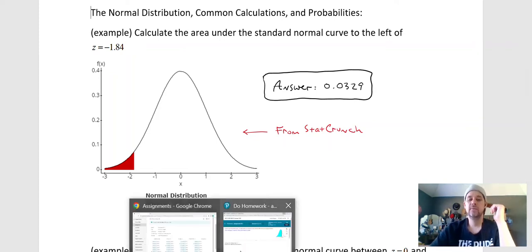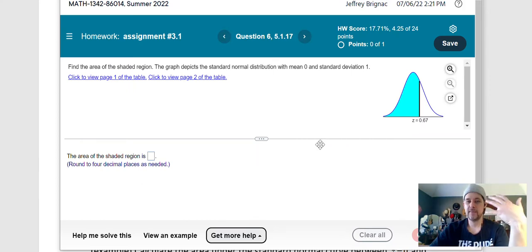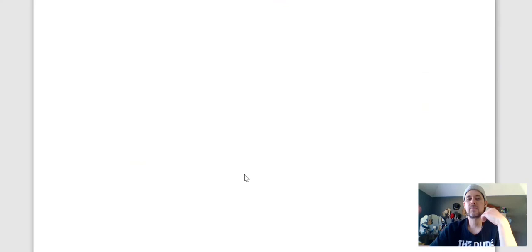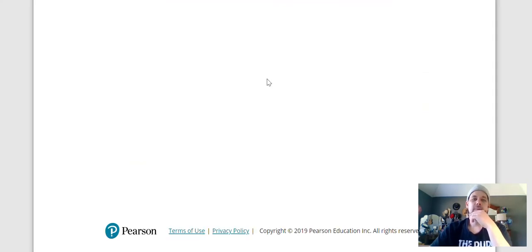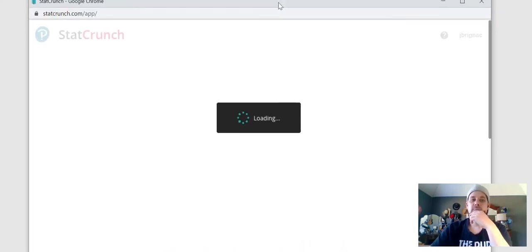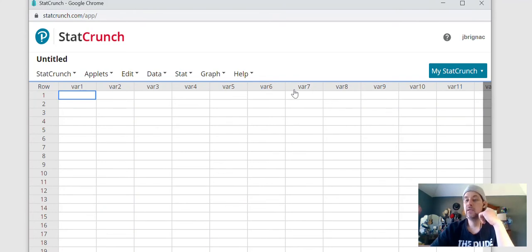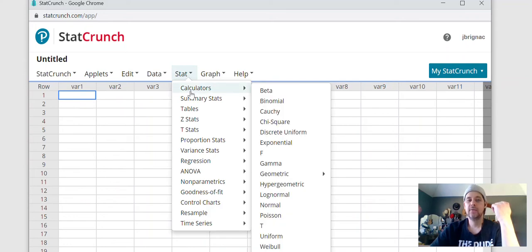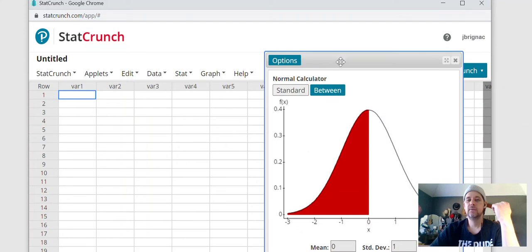So let's go to here. I'm in my math lab at this point, and I'm just going to open StatCrunch, because that's where we'll do this. Here's how we could do calculations with the normal distribution. Go to Stat, then Calculators, and then down here you see Normal.